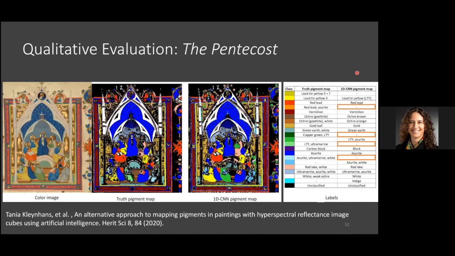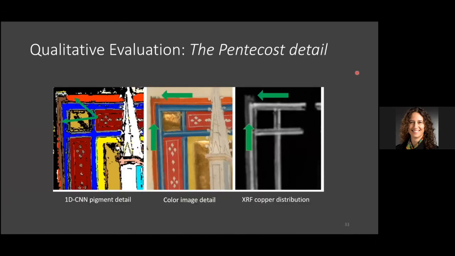Next. When we zoom in on one part of the illumination, what was noticeable is that the model identified 2 different pigments in the border of the illumination, shown here on the left. This was something the conservation scientists had not noted before, and after some additional research they found that the border on the left was painted over a blue azurite line, as can be seen in the copper XRF map on the right.